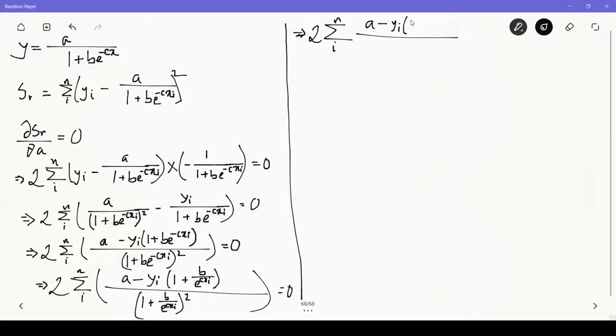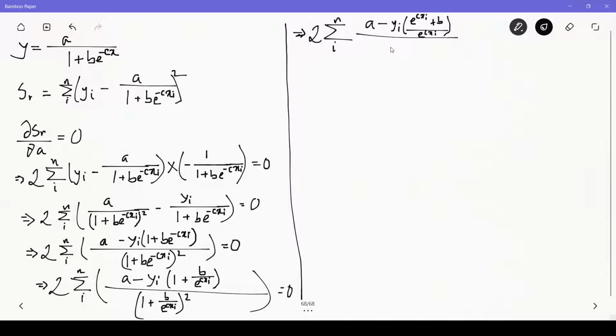We can say e to the power cxi plus b divided by e to the power cxi, this whole thing over here.